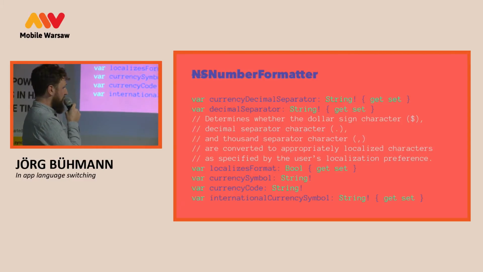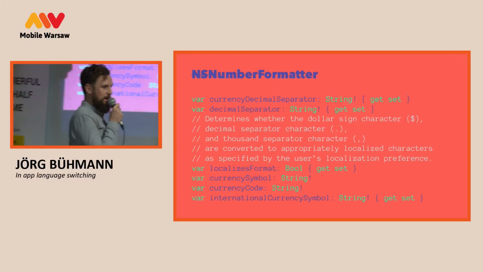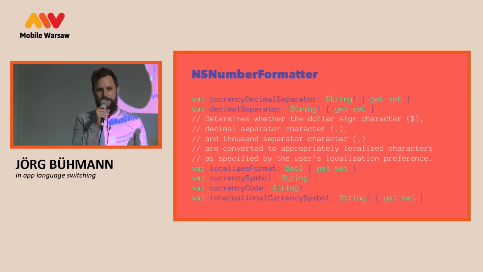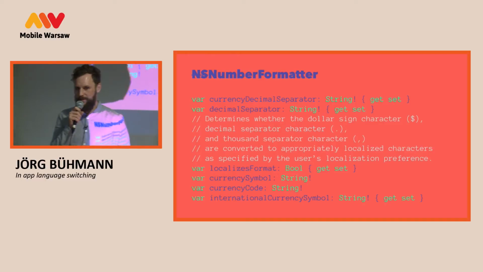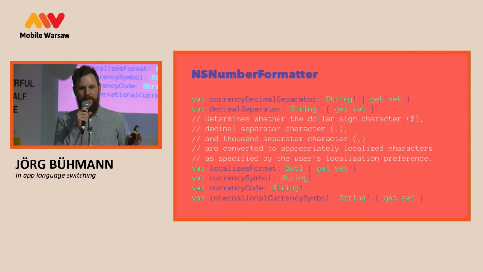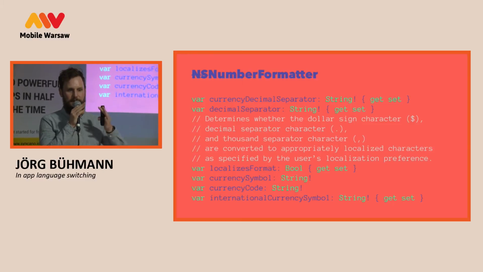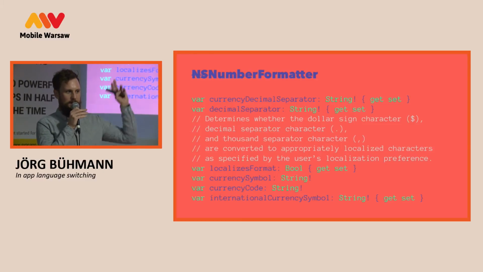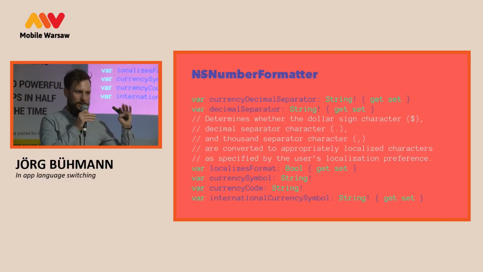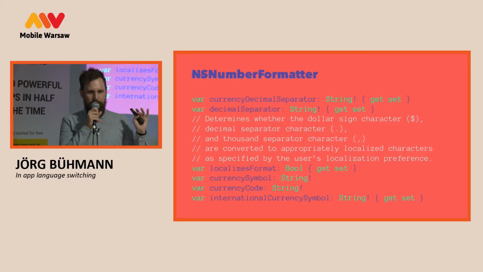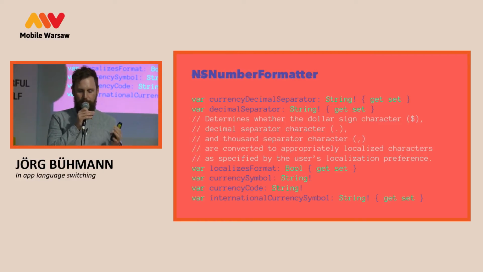This is a really nice example of when you do localization, use the tools that come with the operating systems. So for example, if you want to format numbers for decimals or want to have a space for the thousands or a comma or an apostrophe or a full stop, you don't have to research that on your own.